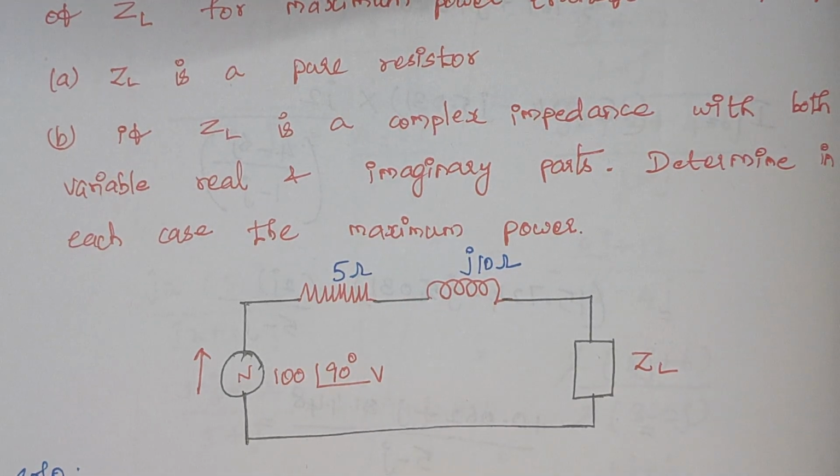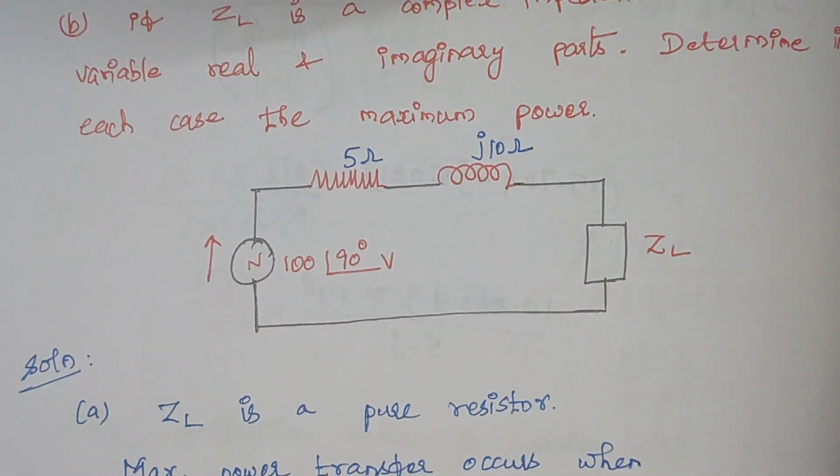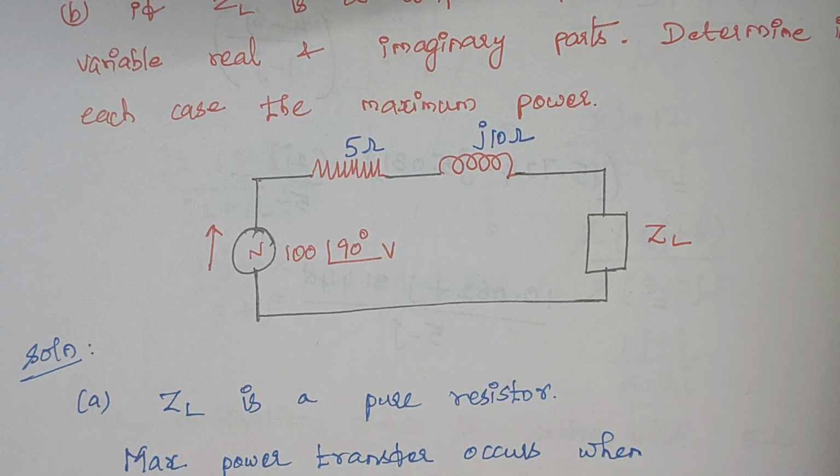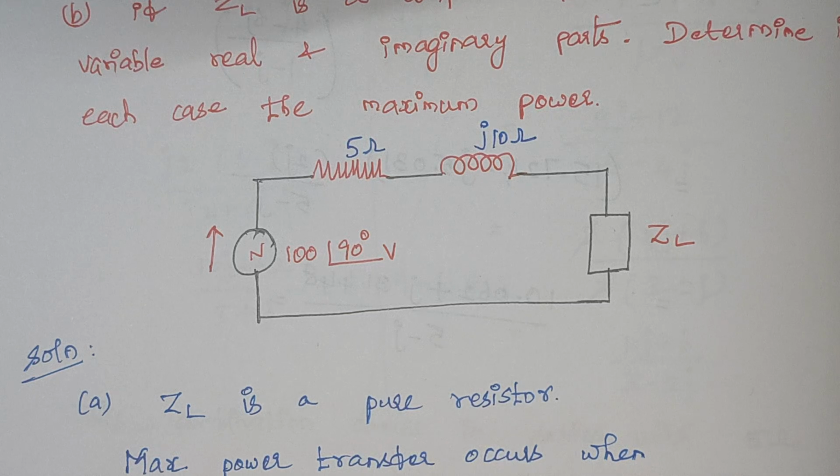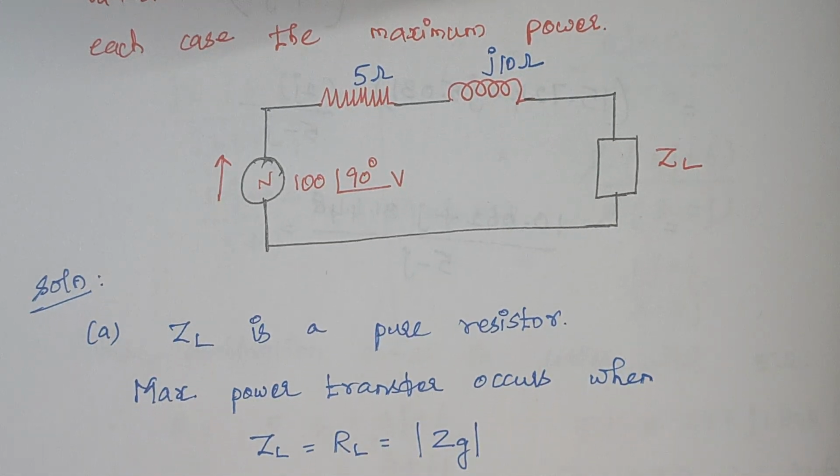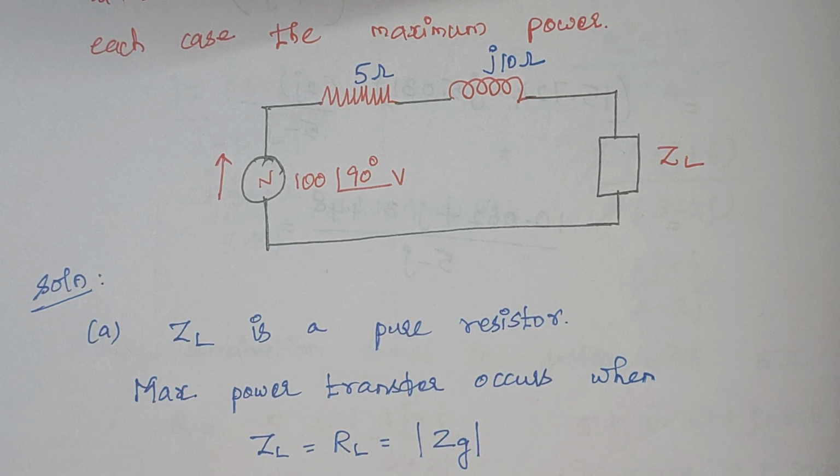Right. So when you consider the first case, ZL is a pure resistor. When you apply the maximum power transfer, what is the basic condition?